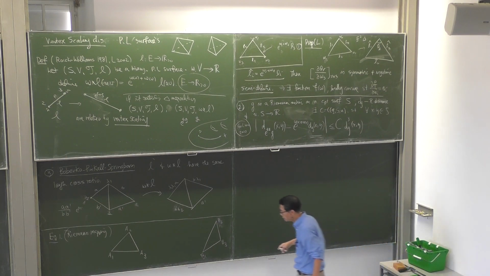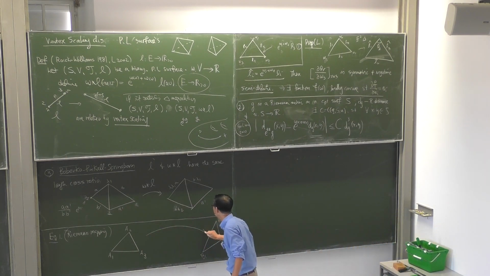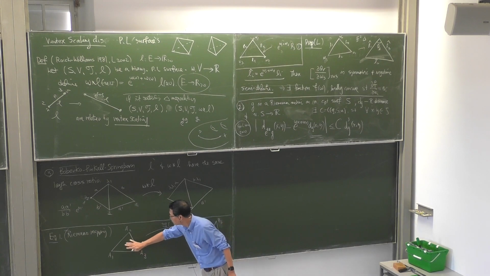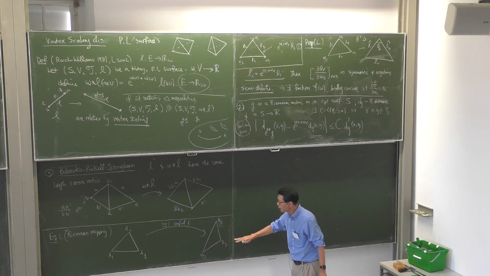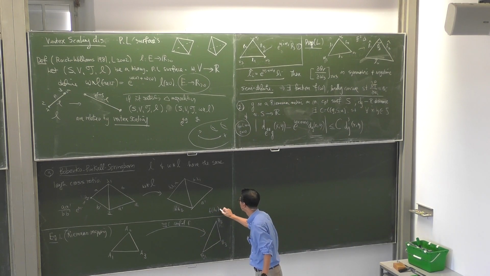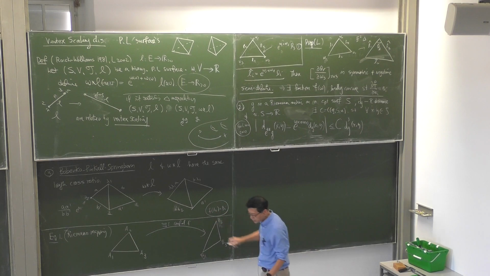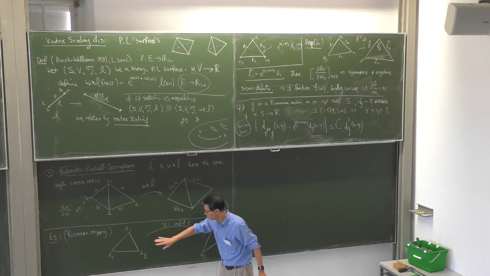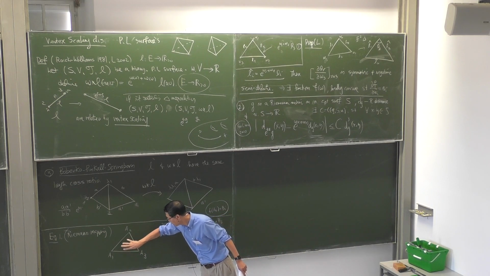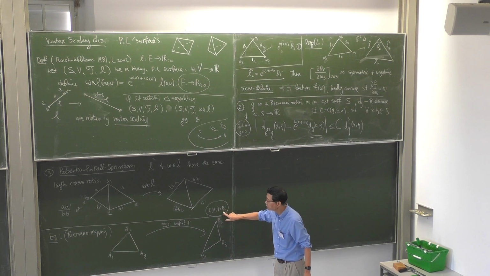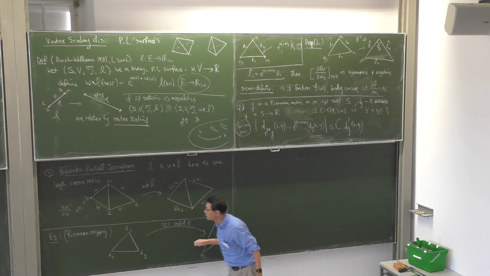Then the Riemann mapping theorem will say there is a unique conformal map F from the triangle to another one, sending vertices to vertices. So F of A_i equals B_i. To be more precise, there is a homeomorphism from this closed triangle to this closed triangle, sending vertices to vertices, which is conformal in the interior.